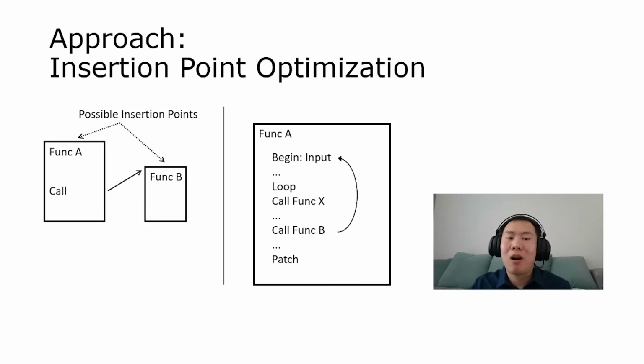Take the example on the right. If we are trying to do the weakest precondition reasoning from the patch, which is at the bottom of the function, to the beginning, it will pass 2 function calls and a loop. As I mentioned before, handling calls and loops may cause inaccuracy. It may not be a good choice.